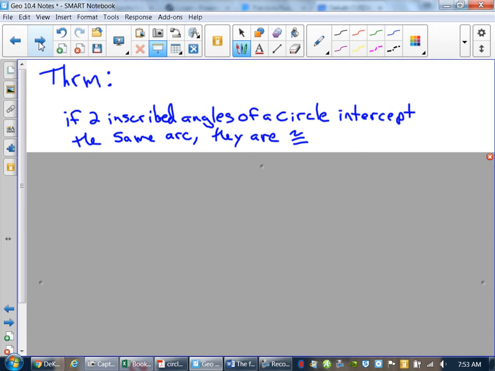Has to be, because it always equals half of the arc. No matter where I place it, since it still constantly hits that same exact arc, the angle will always be the same. No matter what, the measure of the angle is always half of the measure of the arc that it hits. It can be placed anywhere.